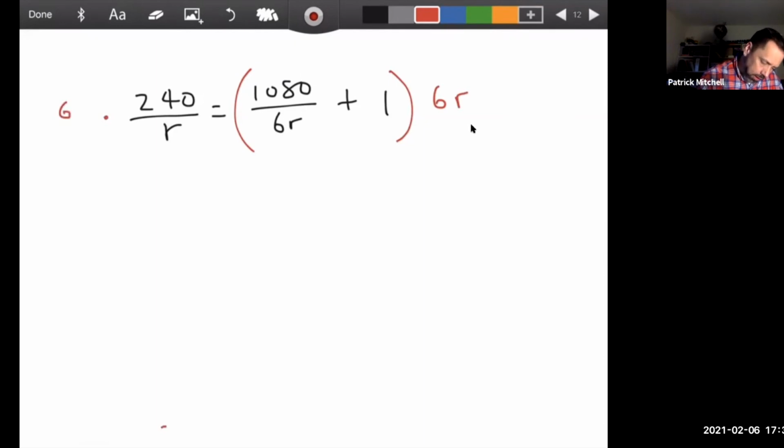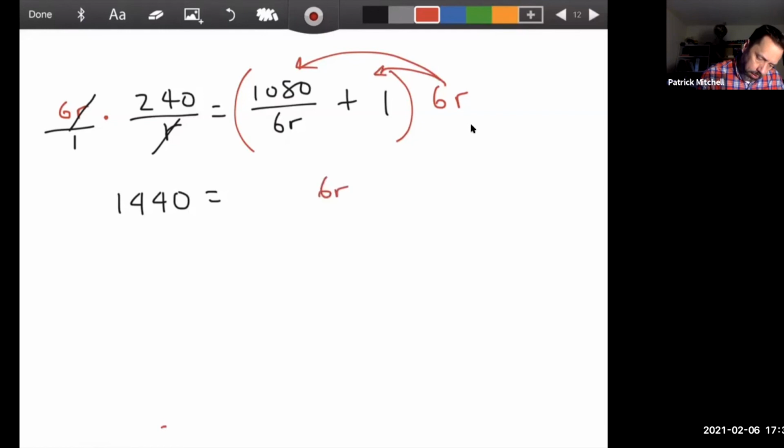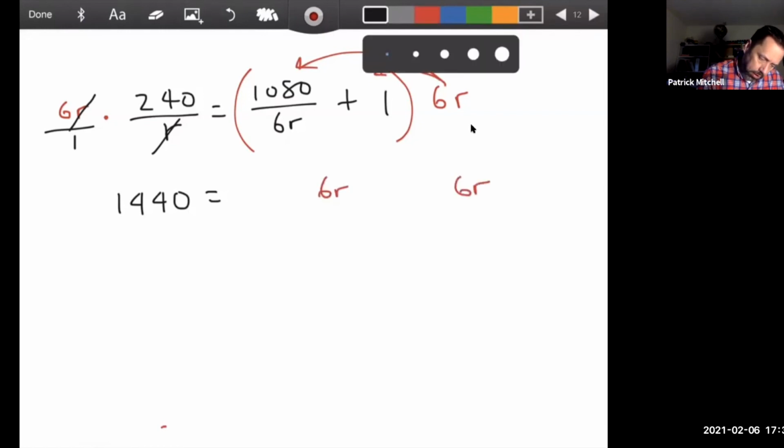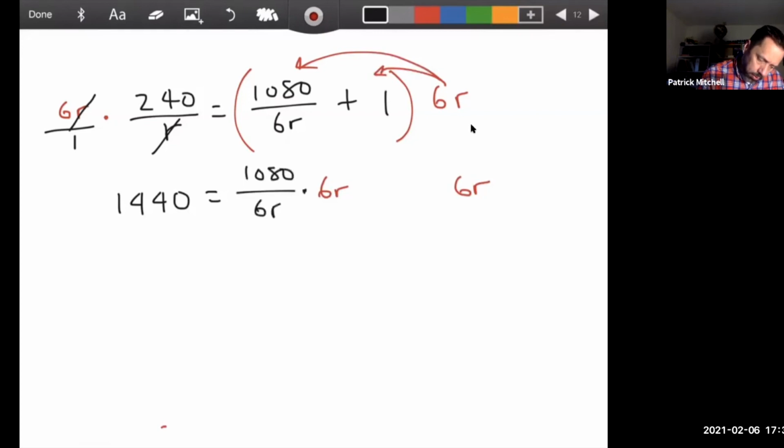So on the left-hand side, what's going to happen is the r's are going to cancel. And you're going to be left with 240 times 6, which is 1,440. On the other side, you're going to distribute your 6r. So that's going to give us 1,080 over 6r times 6r plus 1 times 6r.